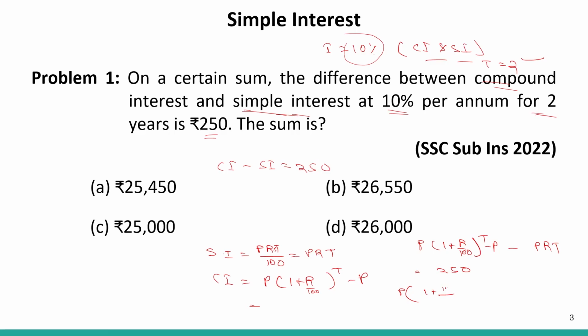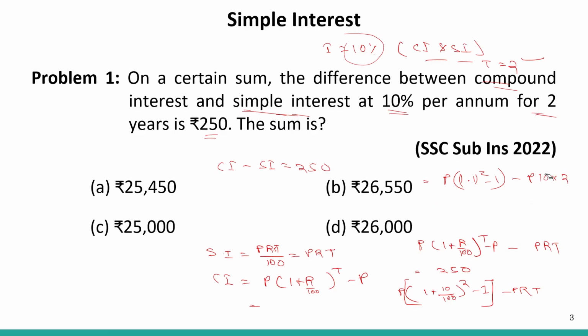R is given as 10, so 10 by 100, and T is 2. This is P into 1.1 whole square minus 1, minus PRT, where P is unknown, R is 10 and T is equal to 2.